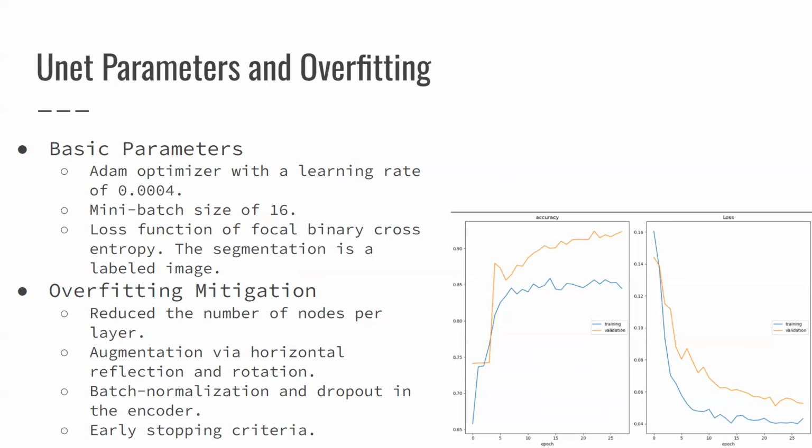And also in the encoder, I dropped out random neurons or nodes in said layers. And I also implemented early stopping criteria to stop the model early before it started jumping up and down meaninglessly without actually improving itself. As you can see on the right, which is my actual training and validation performance, I didn't completely eliminate overfitting, but it's much better than it was before.